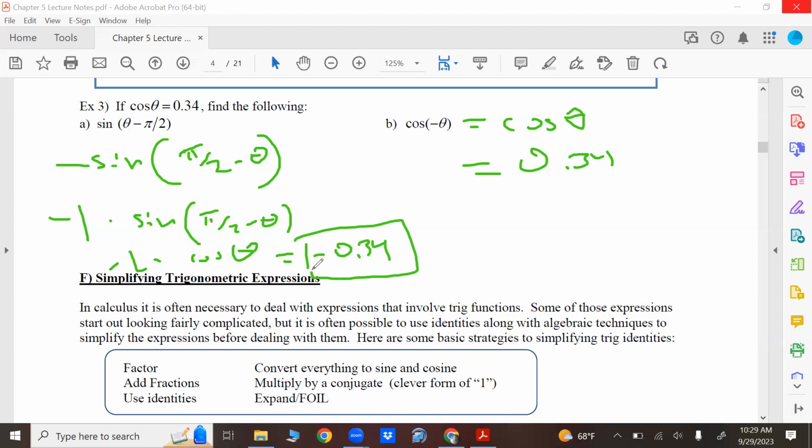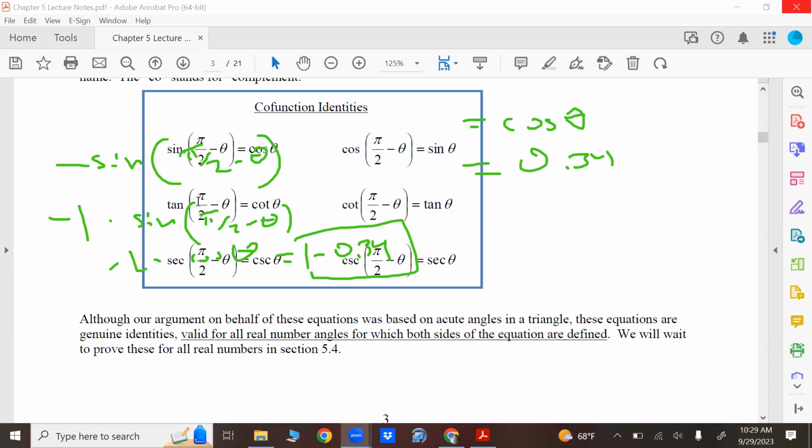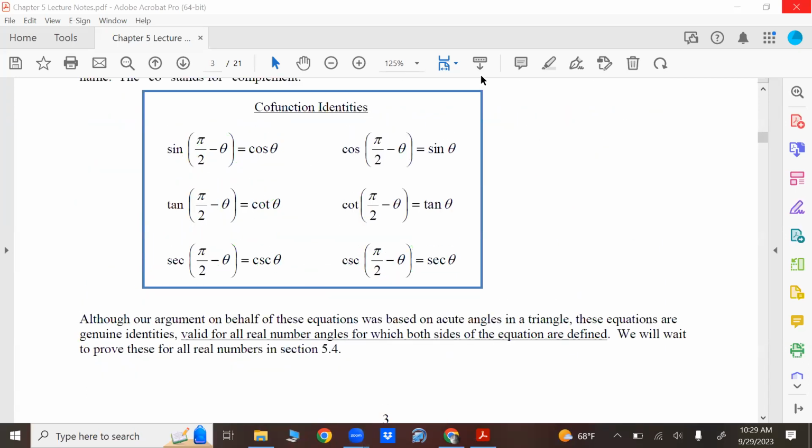Okay, questions so far? All right. No, because if we look up above, pi over 2 minus theta is cosine theta, but if you reverse this, then there's a negative on the inside. And we have cosine of a negative angle, it makes it a negative sign.